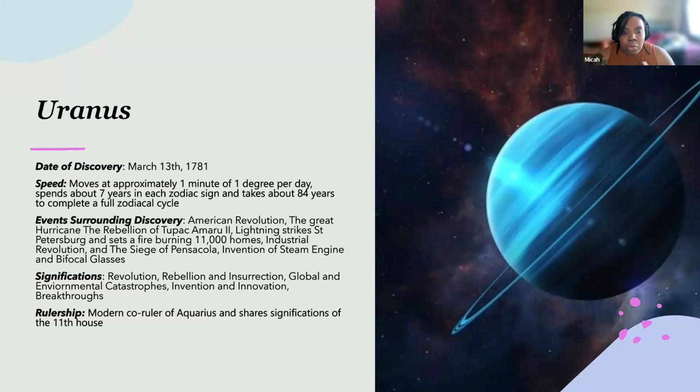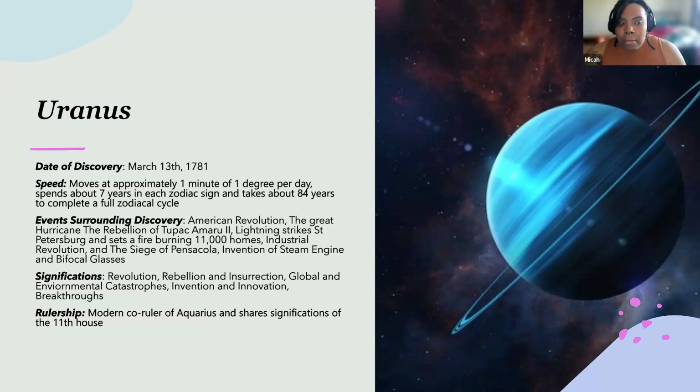Obviously with revolution, you can't have revolution without some sort of thinking of the future. And so Uranus is also thought of as that visionary planet, or the mad genius. It can be seen as idealistic, maybe, even though it's more of Neptune's thing.